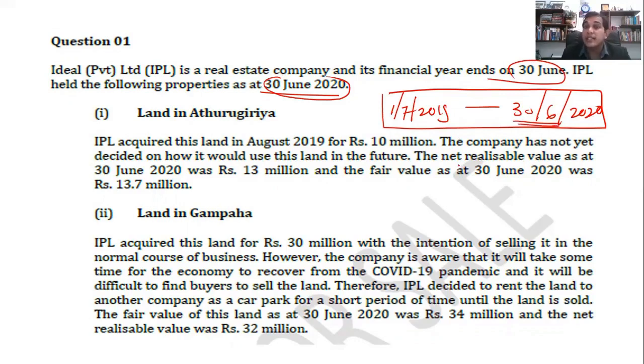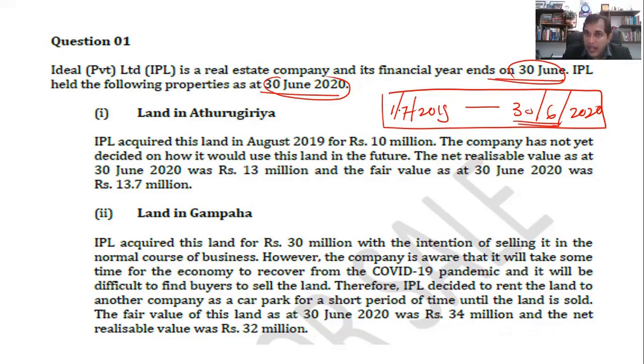The financial year ends 30th June, but in the Sri Lankan context, the financial year generally ends 31st March or else 31st December. In this examination paper, you can see an uncommon financial year. But don't panic.